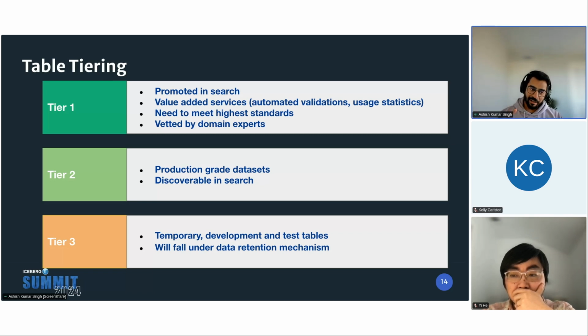By the way, when we say tier one, we try to keep it to only a couple of hundreds of tables. Tier two, a couple of thousands. Tier three, everything else. So this categorization of tier one not only helps our consumers, but also helps the platform teams, because now we can focus all of our efforts on just a specific set of tables.